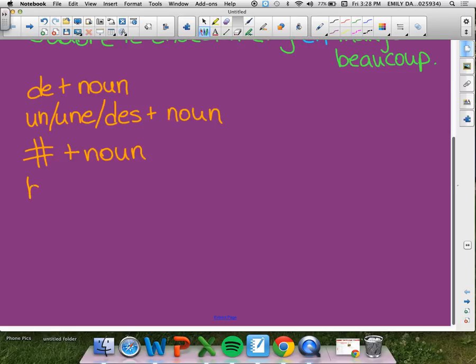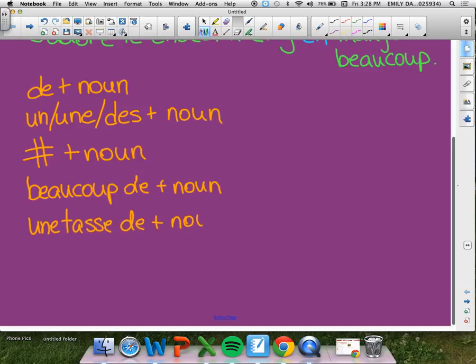If you see expressions like beaucoup de plus a noun, but une tasse de, that's an expression of quantity, a cup of plus a noun. Okay. Un peu de, a little bit of. Anything that's got, basically, if you'll notice, anything that's got de or a form of de is going to use the pronoun en. Okay? So let me show you this.